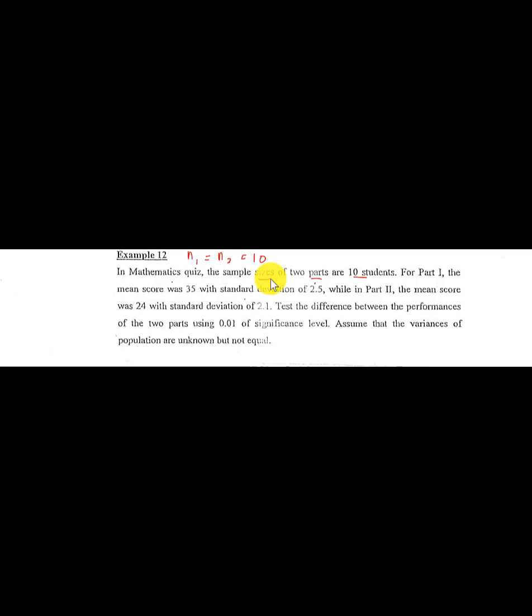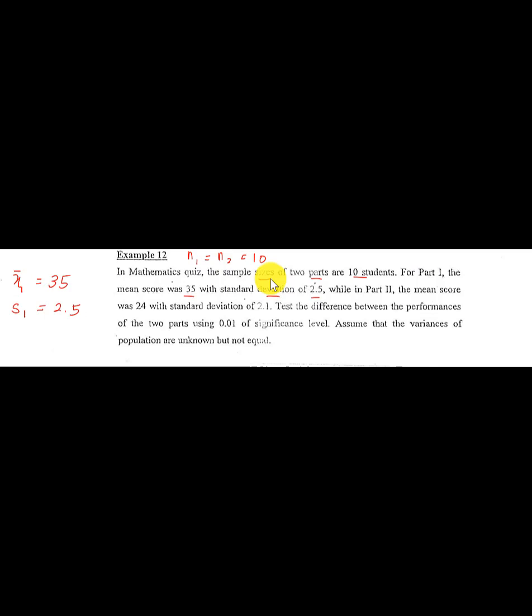For part 1, the mean score, X1, was 35 with a standard deviation of 2.5. This is for the first distribution, which is why I denote it as X1 and S1.